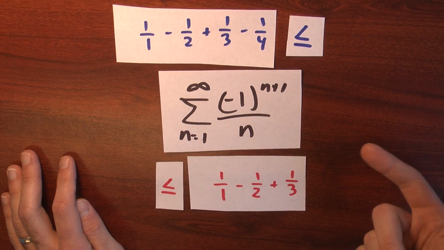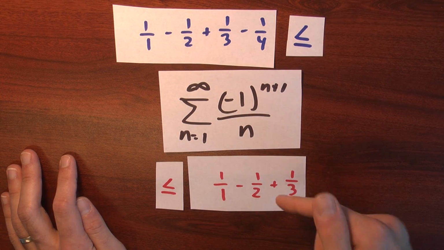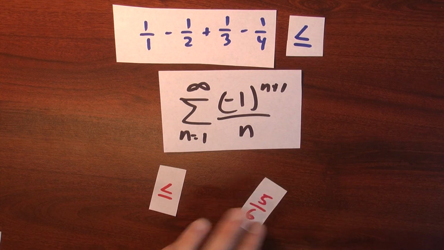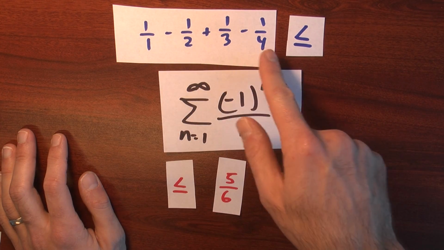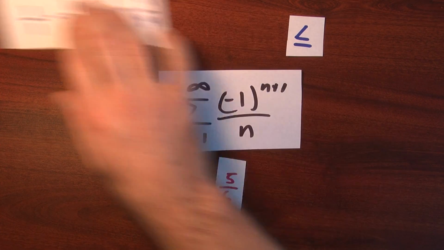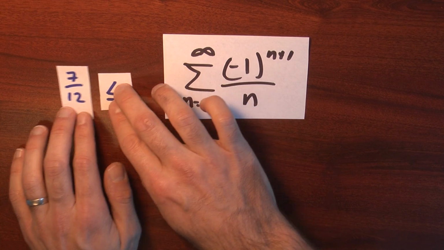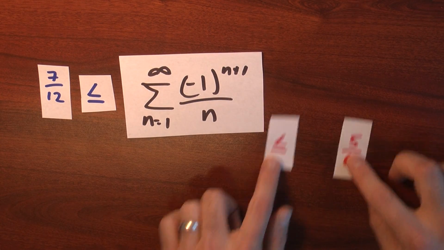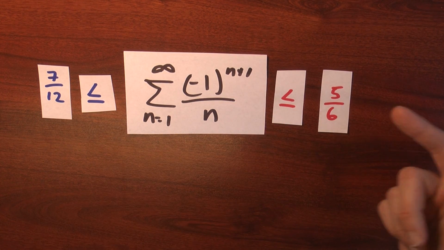And then I could actually figure out what these are. 1 minus a half is a half, plus a third, that's 5/6. And here I've got 5/6 minus a quarter, that's 7/12. So I know that 7/12 is less than or equal to the true value of this series, which is less than or equal to 5/6.